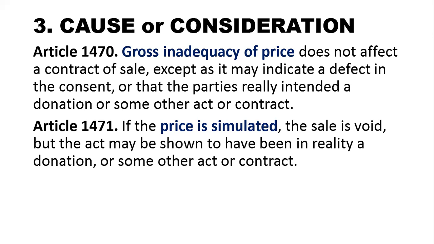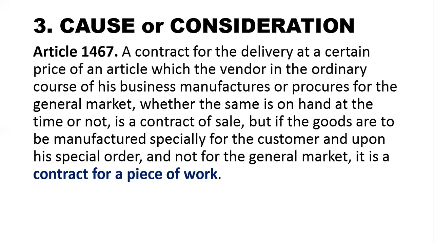And so if the price is simulated, as if there is no consideration in a contract of sale, the sale would be void. And again, not unless in reality it is a donation or some other kind of contract. A contract for the delivery at a certain price of an article which the vendor in the ordinary course of business manufactures or procures for the general market, whether the same is on hand at the time or not, is a contract of sale.